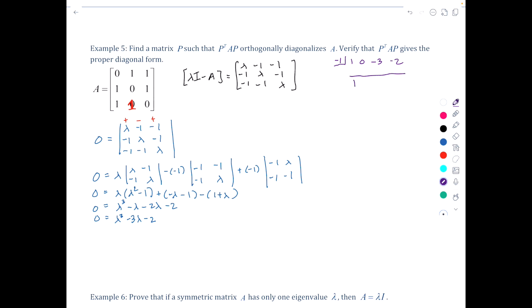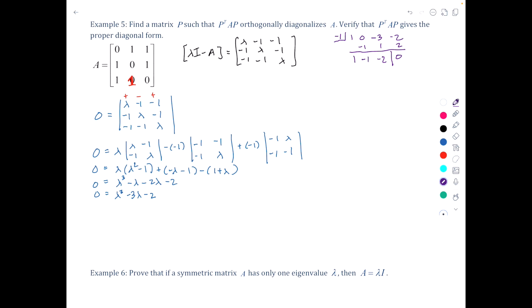And then we bring down that 1. 1 times negative 1, whoops, is negative 1. Bring that down. And then we'll get negative 1 times negative 1 is 1. And that's going to be negative 2. And negative 2 times negative 1 is positive 2. So I get a remainder of 0. So it turns out that this expression here is going to be lambda plus 1 times lambda squared minus lambda minus 2.